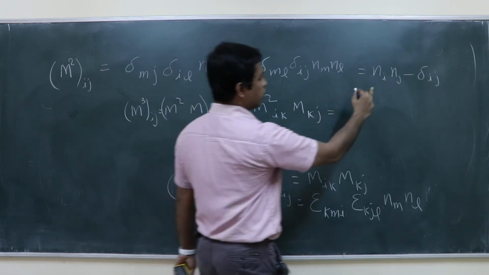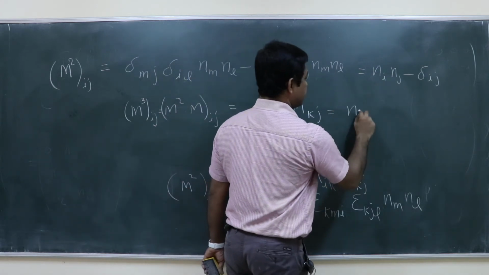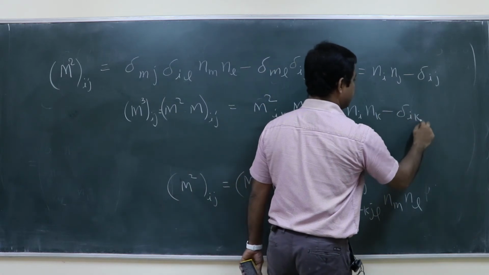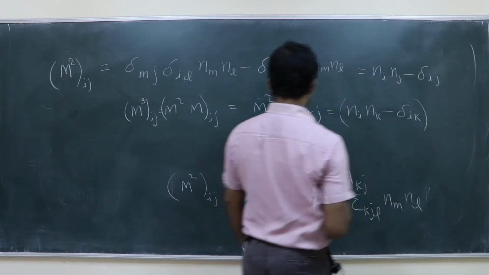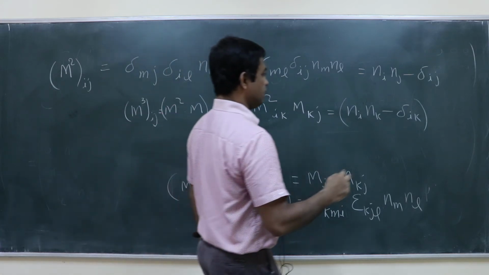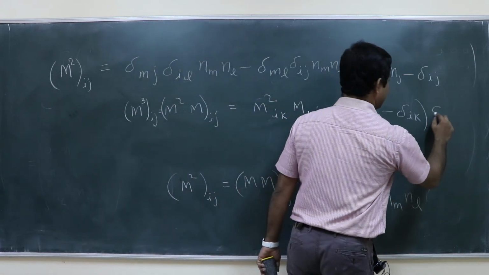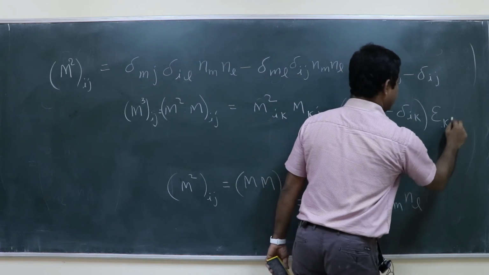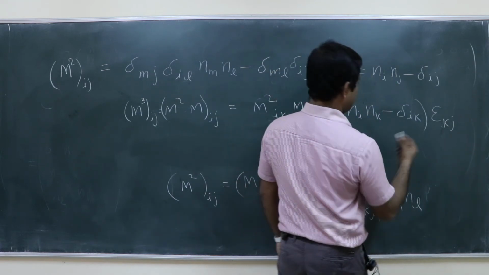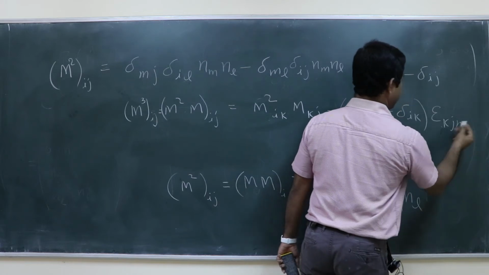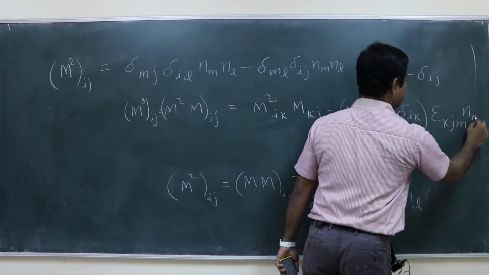M square ik component is n_i n_k minus delta_ik. What is the mkjth element? Mkj element is epsilon_kjm n_m.